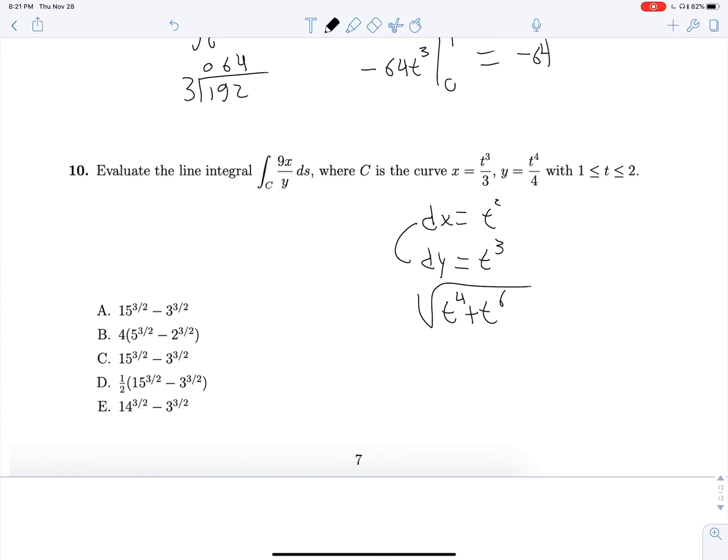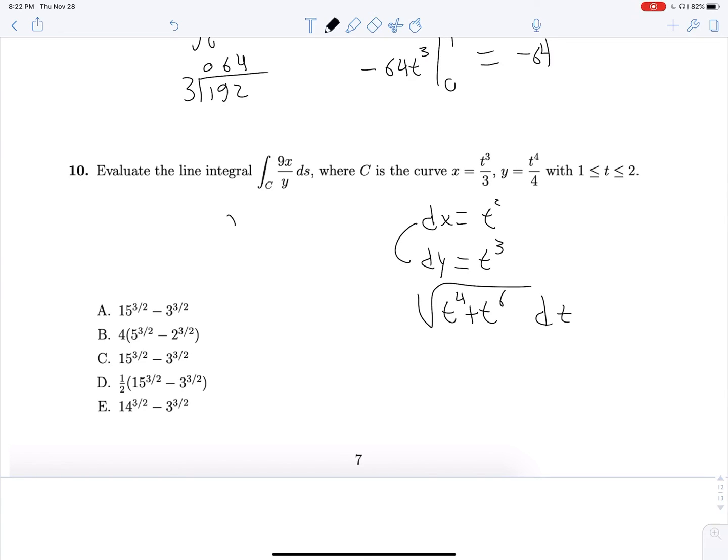And that's looking a little messy, but let's see what we can do with that. We can take this and replace our ds that we had there before with this thing. But before we do that, let's figure out what the rest of our integral is going to look like.